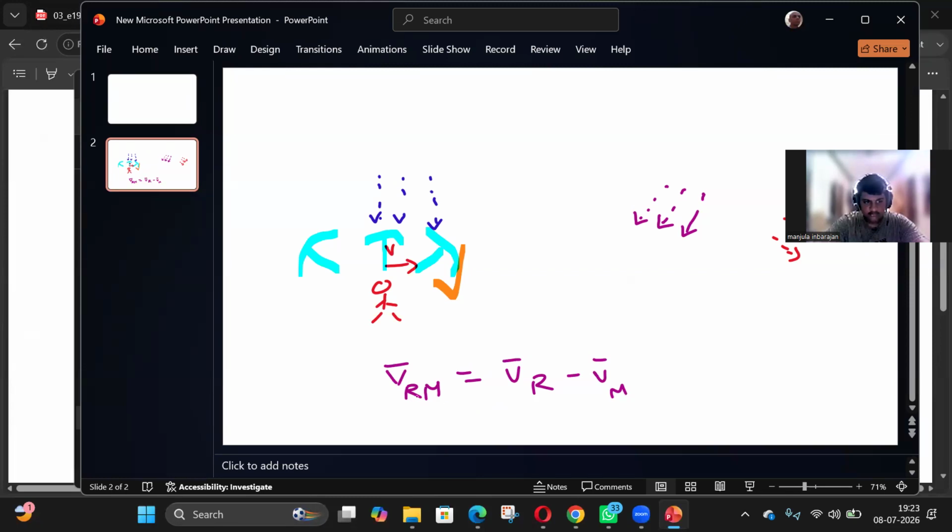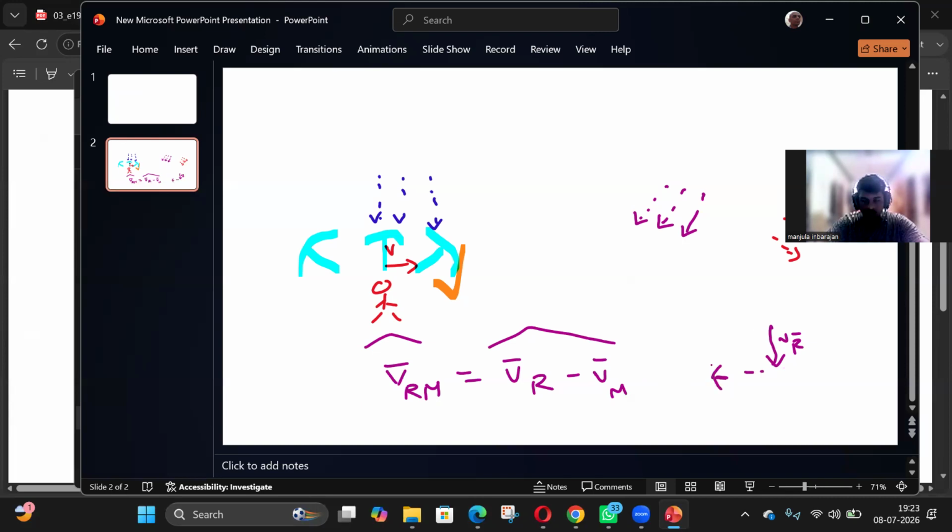I just need the direction, so I just have to cap it. Capping will just give me the direction. So here in the second case, the velocity of rain is vertically down. I'm not changing it. But the velocity of the man is towards the right. I have to take minus VRM, minus VM. Minus VM is towards the left.